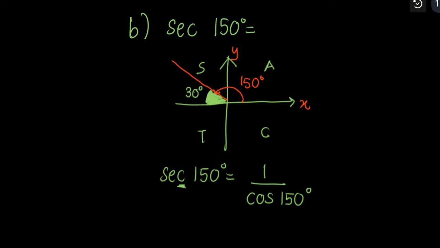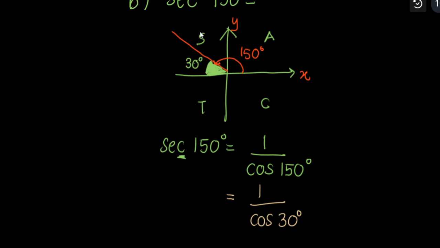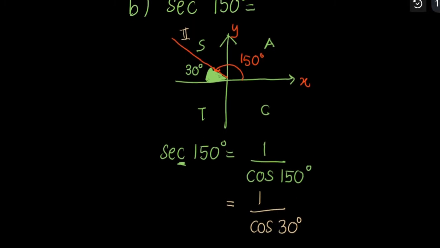So now you change this to cos 30. But this is in the second quadrant. In the second quadrant, is cos positive or negative? Cos must be negative. So this is 1 over negative cos 30.